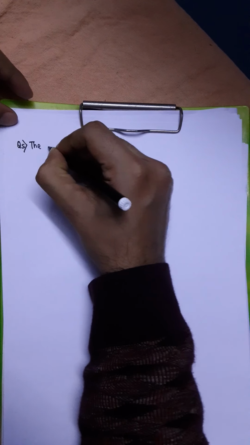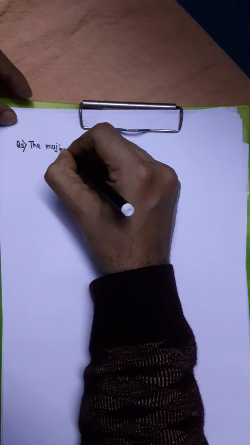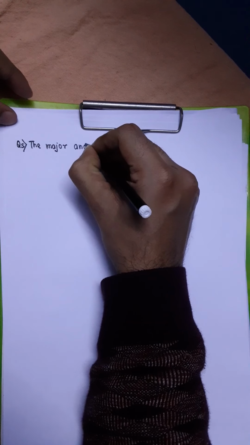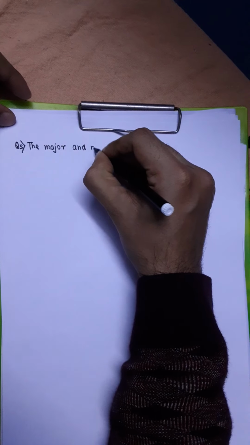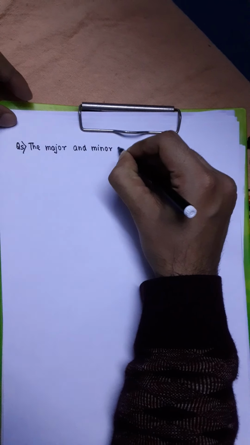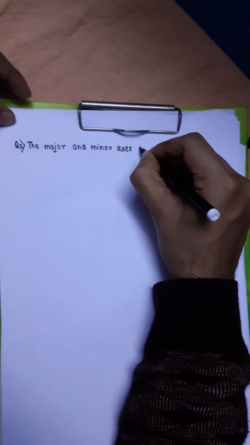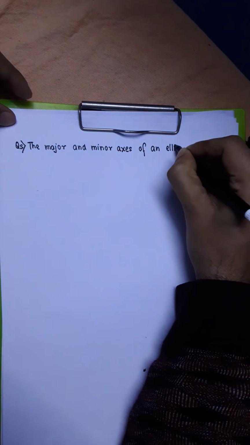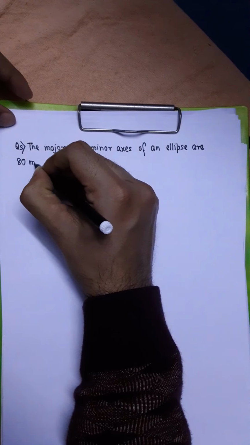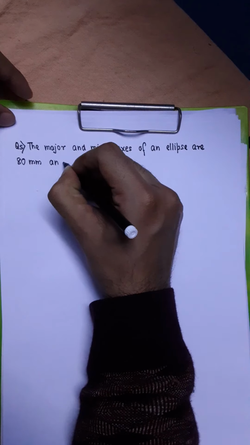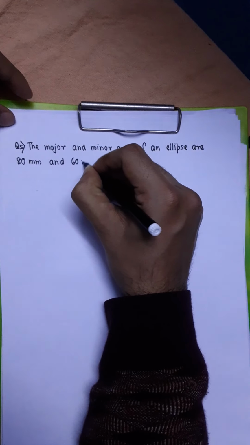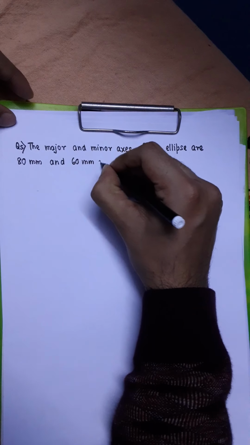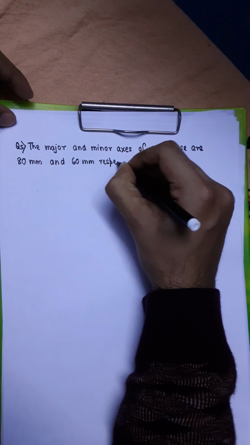The major and minor axis of an ellipse are 80 millimeter and 60 millimeter respectively.